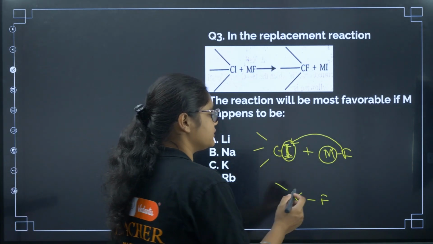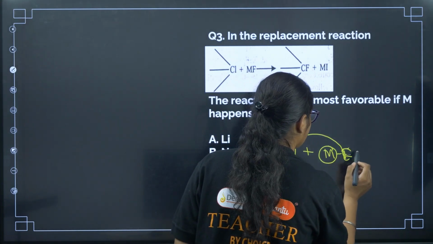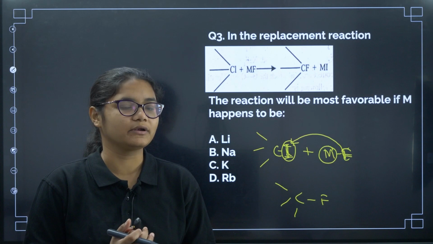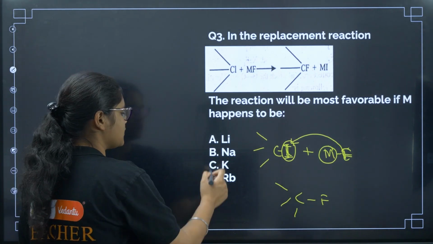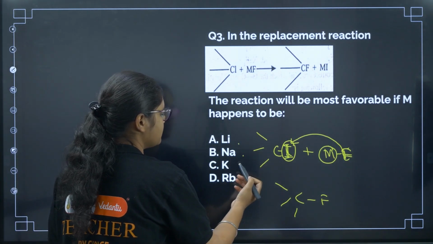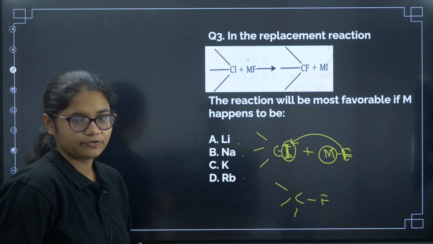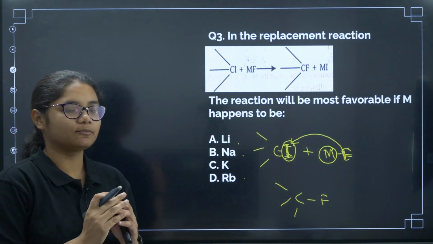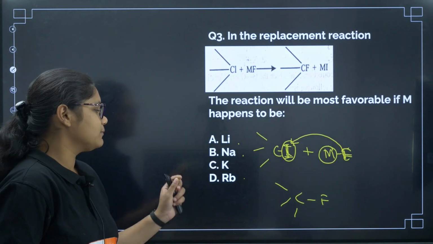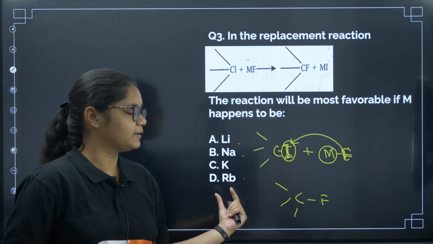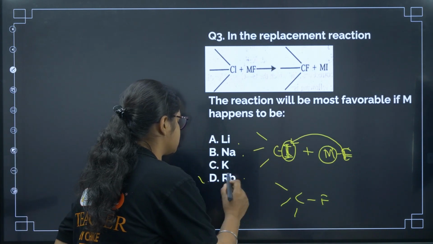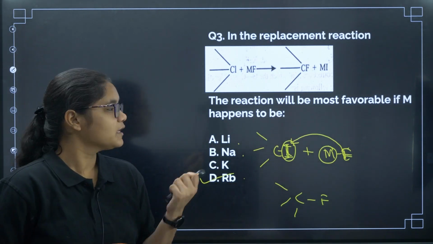Now this one is highly electronegative, so if we take a highly electropositive element, then the bond can break easily. These are all group 1 elements: lithium, sodium, potassium, and then rubidium. Rubidium is highly electropositive, fluorine is highly electronegative, so the bond can break easily. With that metal, the size is also a factor, and the bond will be unstable due to the size difference. So the correct answer for this question is option number D.